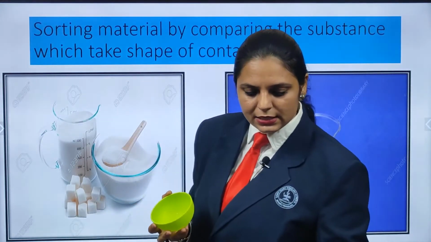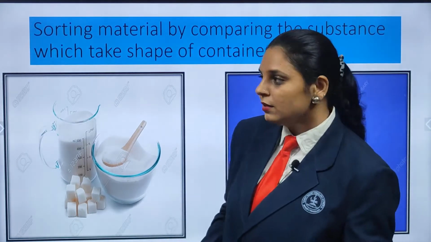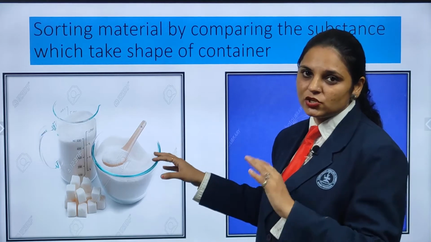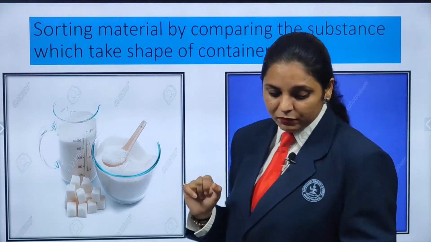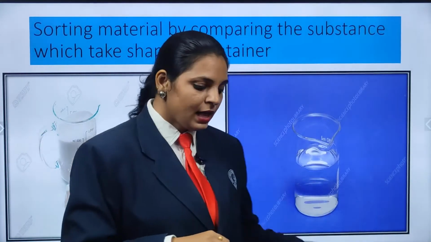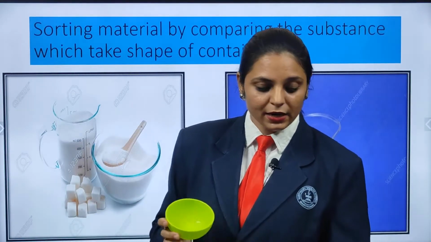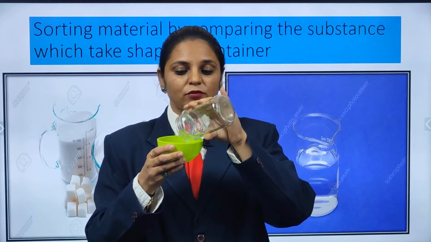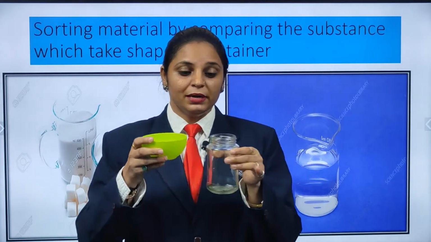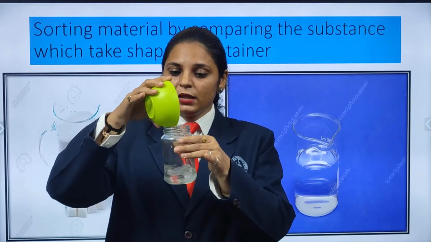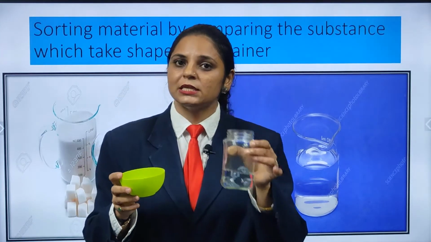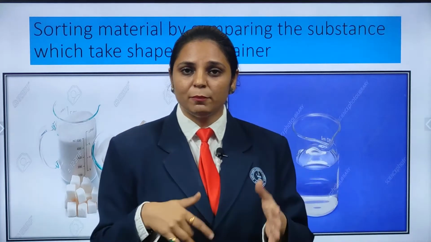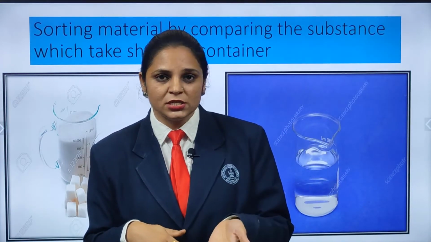So, here it states that the pebbles will retain their own structure, their shape. But in case of liquid, as I showed you, when I pour this liquid in the bowl, it will take the shape of the bowl. But if I pour it again, it will take the shape of this glass tumbler. So exactly, the liquid has the property to take the shape of the container in which it is poured.